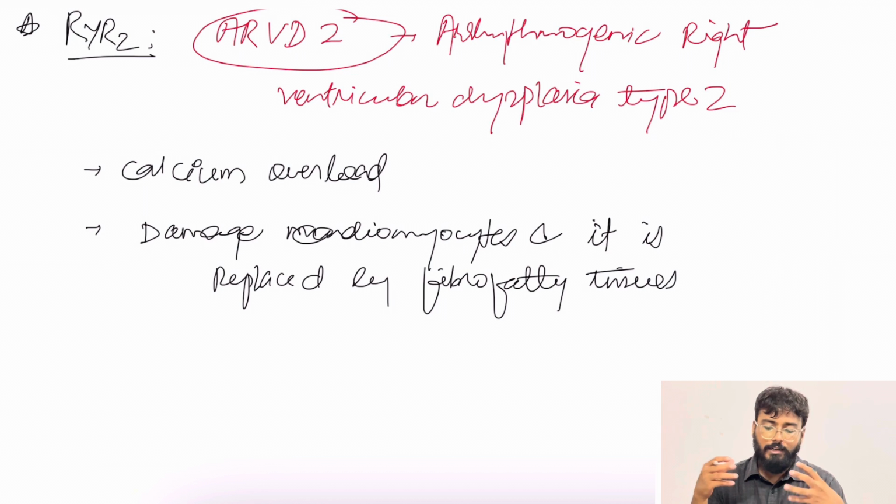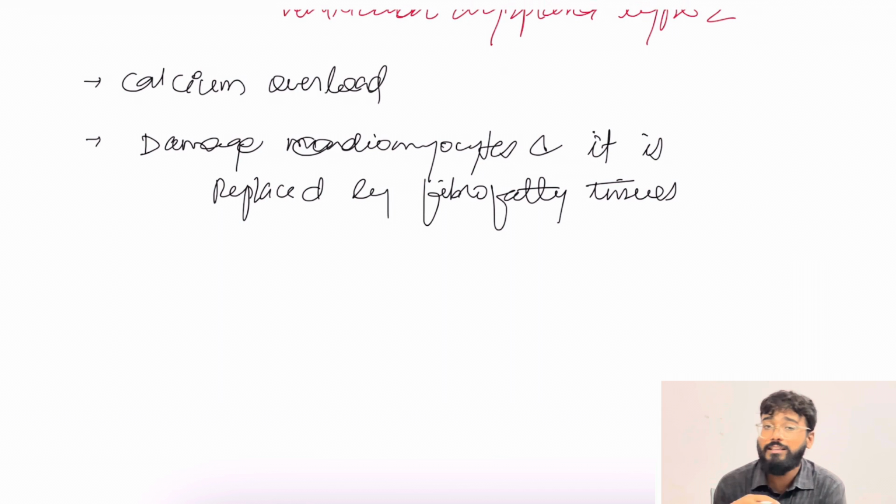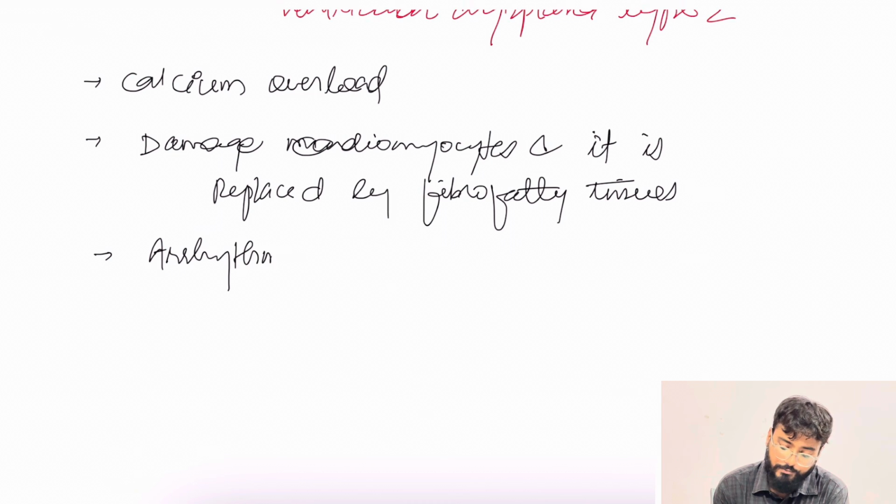If a normal cardiomyocyte is replaced by fibrofatty tissue, it is going to affect the contractility of your ventricles, of your right ventricle. So now the right ventricle will not be able to contract properly. Further, it will also cause arrhythmias. What kind of arrhythmia?